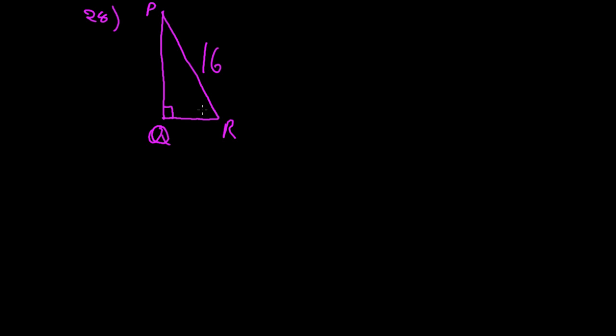And it says the sine of angle P is 3/5. And about how many feet long is side length QR? So we're trying to find this side length. We'll call that x. It says the sine of P is equal to 3 divided by 5.